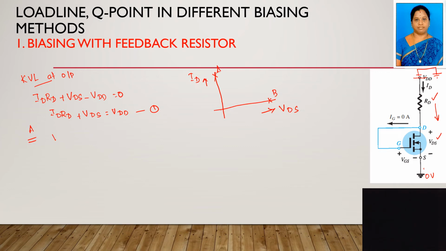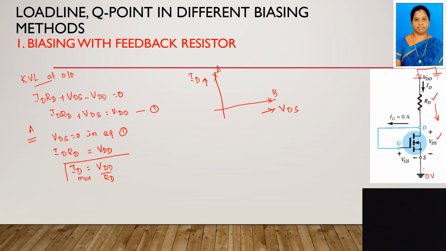So if I am applying VDS equal to 0 in equation 1, you will be getting ID into RD equal to VDD. Thereby, ID equal to VDD by RD. This is your maximum current.